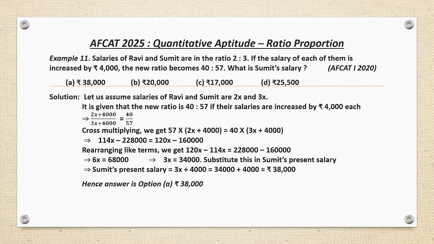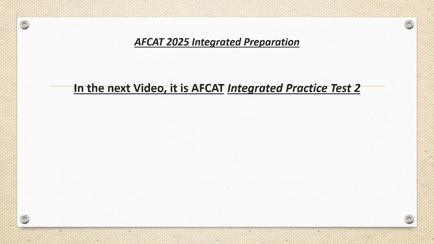So already 3x we got 34,000, and the present salary in the question says it is 3x plus 4,000. So 3x equal to 34,000. Let us substitute here. So 34,000 plus 4,000 is 38.